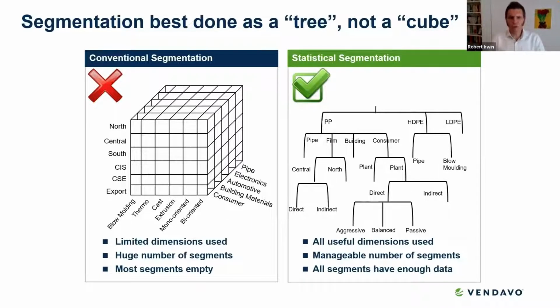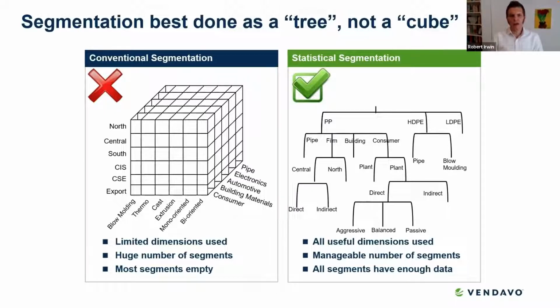And all segments in this model will have enough data that is given through the process that we use in the algorithm. And this is different to a cube model, sometimes called a micro-segmentation model, where there's a lot of interpretation required. You end up with tens of thousands of segments, and we do not see the applicability of this type of model in the business-to-business environment.